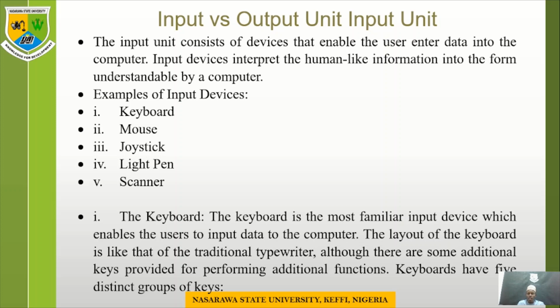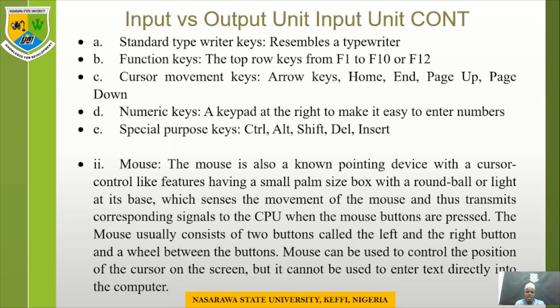Keyboards have 5 distinct groups of keys. So the keyboard is just like the traditional typewriter, but it has some additional features. Some keys were added, which makes it different from the normal typewriter.